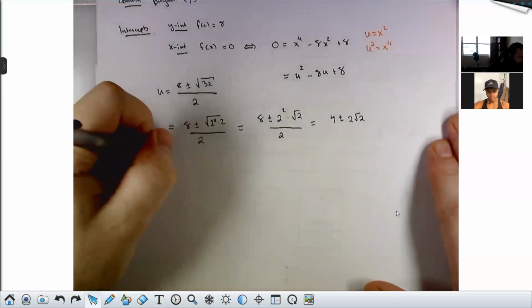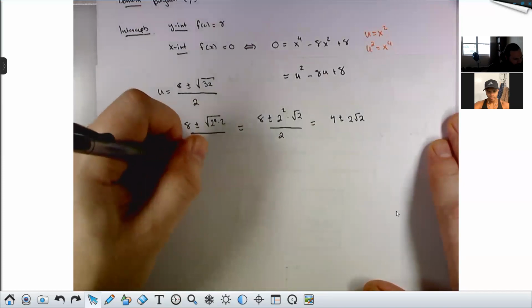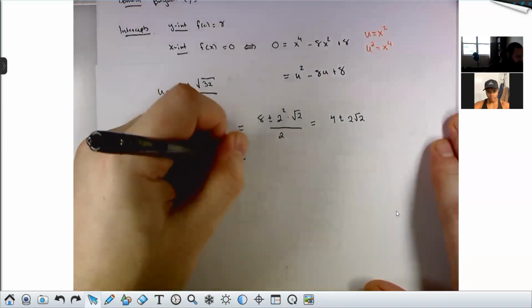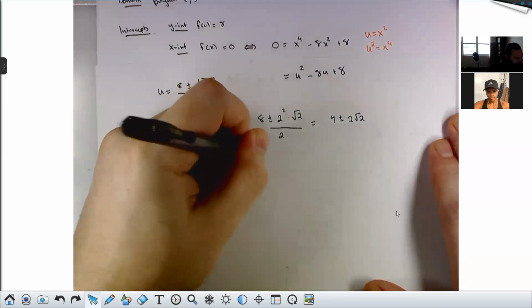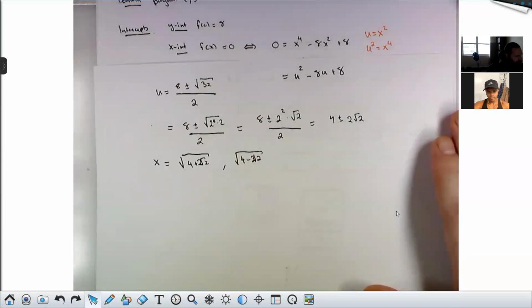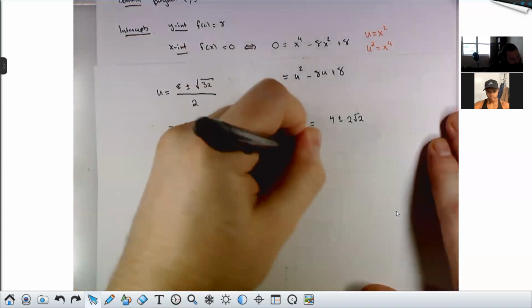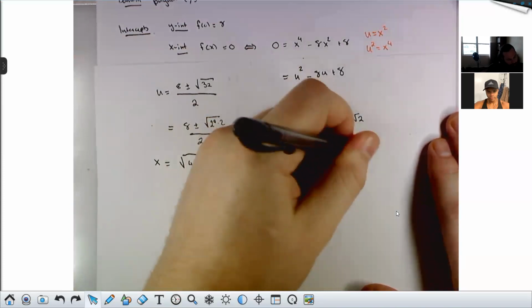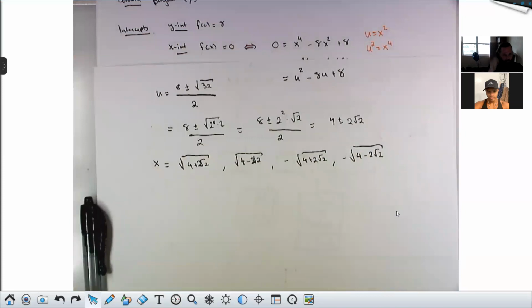So it means my x's are the square root of 4 plus 2 root 2, the square root of 4 minus 2 root 2, and then they're negatives also, negative square root of 4 plus 2 root 2, and negative square root of 4 minus 2 root 2. I'm inclined to not trust this either, I think.